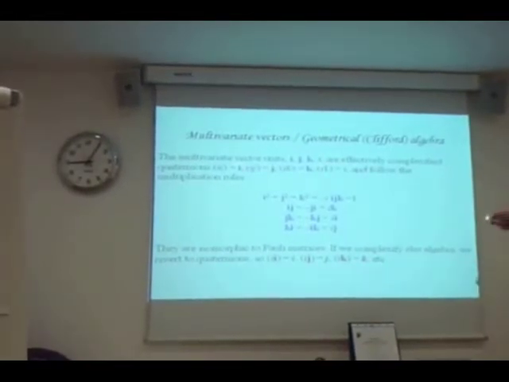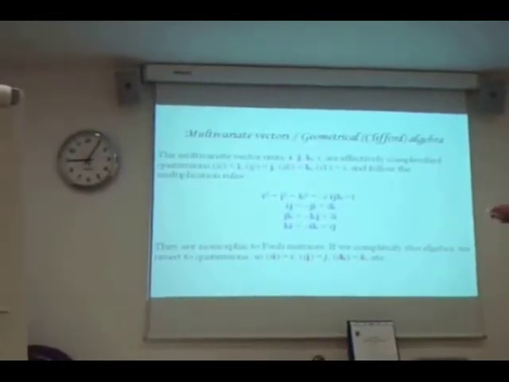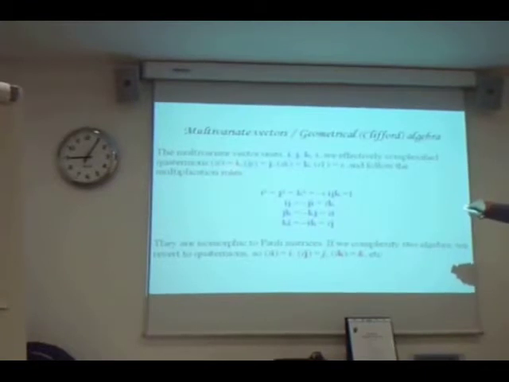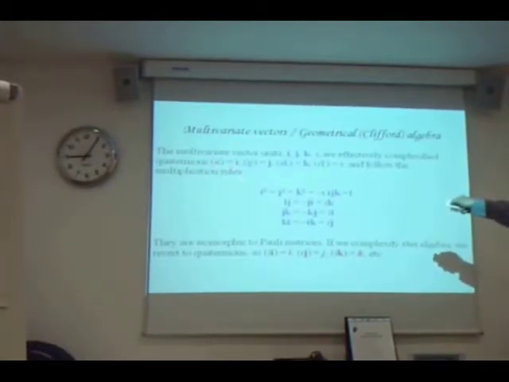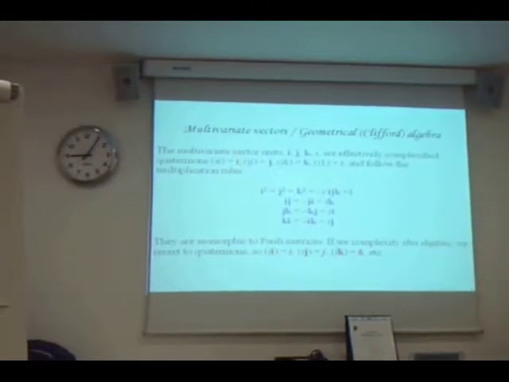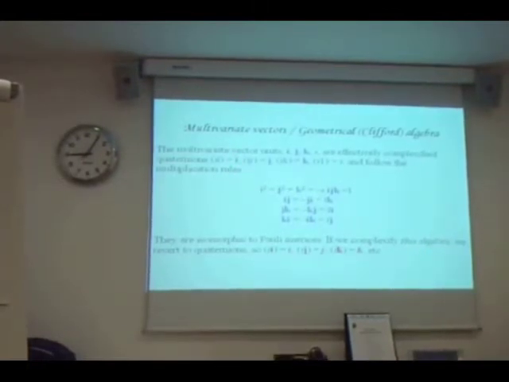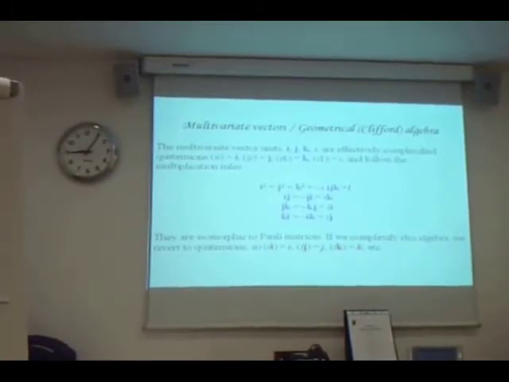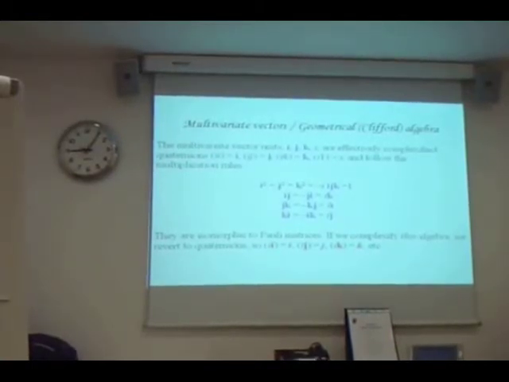We complexify the quaternions, so we multiply them by the ordinary square root of -1. So i times quaternion i becomes this new symbol here. We get what we call, in various terms, geometric algebra, Clifford algebra, and also multivariate algebra.